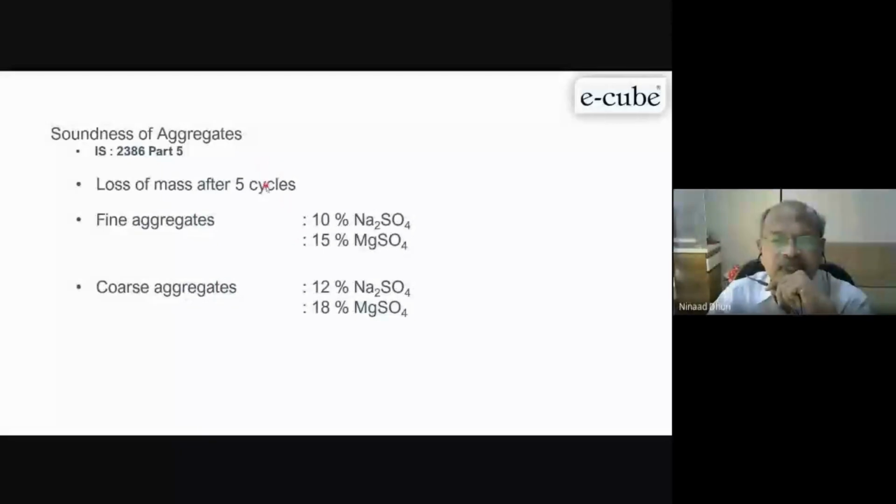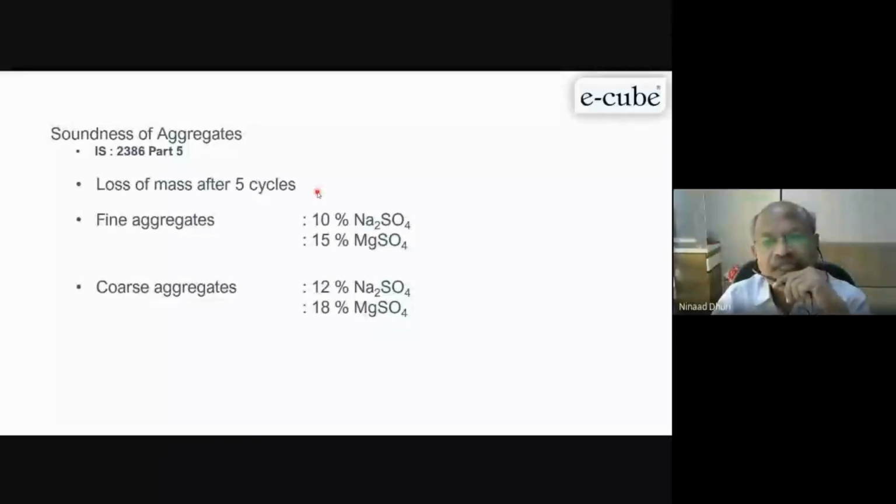It measures loss of mass after 5 cycles. There are two solutions, Na2SO4 and MgSO4. You take a saturated solution of Na2SO4 and take particular fractions of aggregate, weigh them initially, and put them into the solution for 18 hours, a saturated solution where you can see the crystals also. Then you remove it after 18 hours and put it into an oven at a temperature of 100 to 110 degrees for 4 to 6 hours.